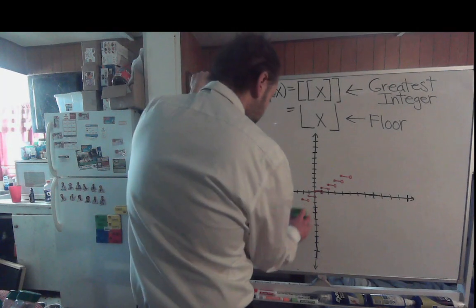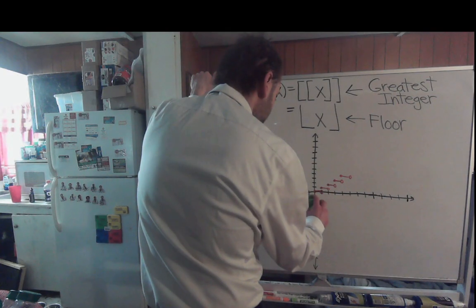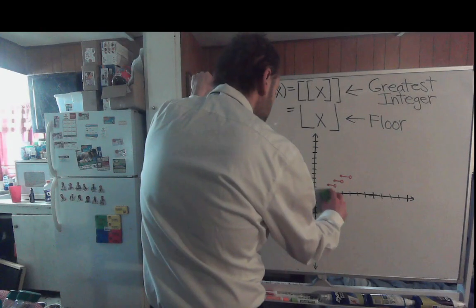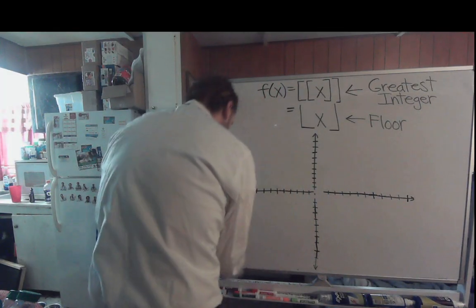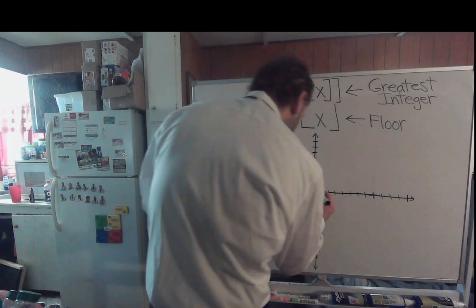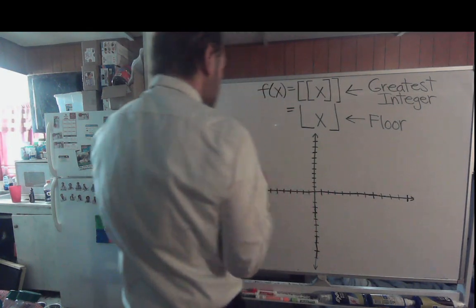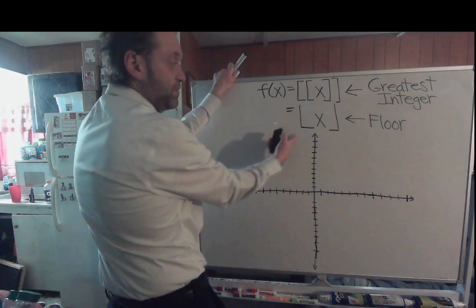Now, there is a ceiling function, which I will also demonstrate. Have to destroy part of this graph here, but that's okay. What if... So you see the bracket for the floor function.